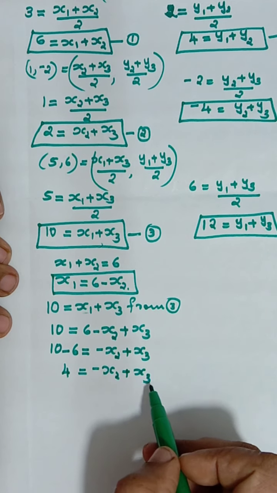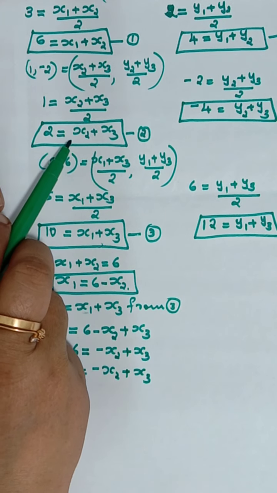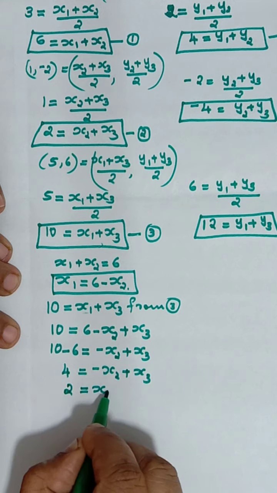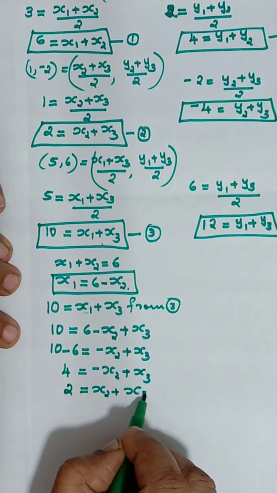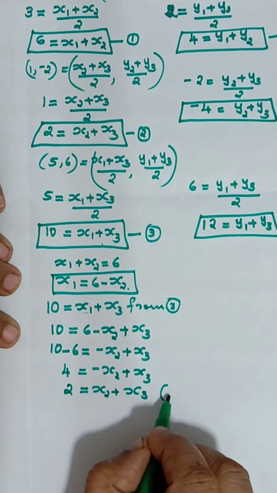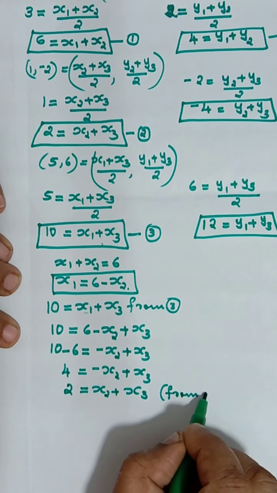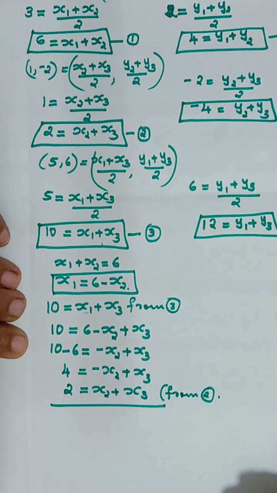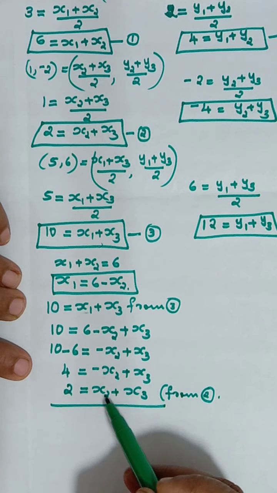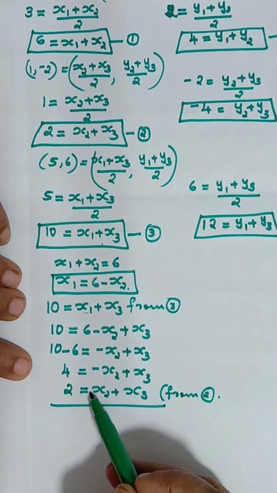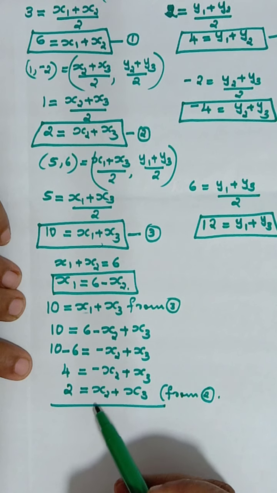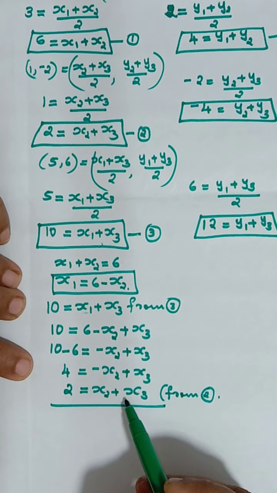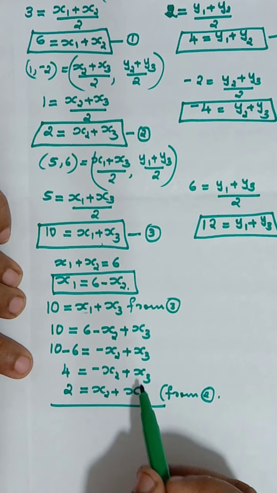Where do we get x2 and x3? Isn't it in the second equation? The second equation is 2 is equal to x2 plus x3. Now simplify by the elimination method. Here the coefficients of x2 are negative 1 and 1, and x3 has coefficients 1 and 1. So by adding these two it will be easy.